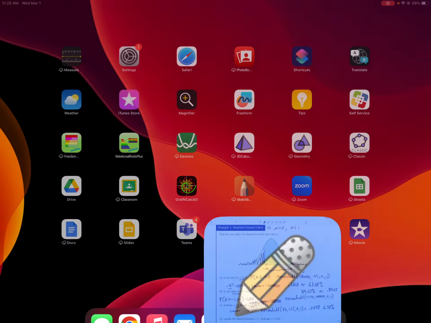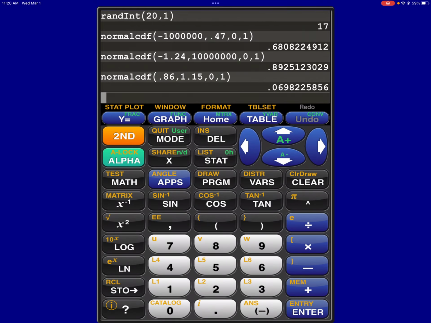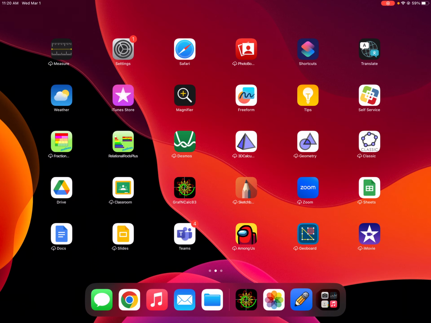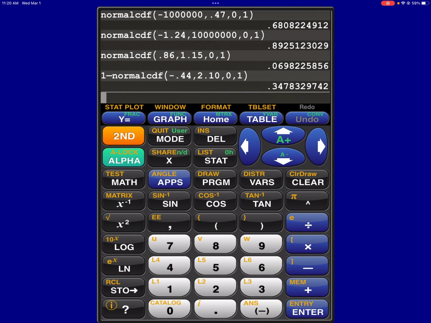So typing this in the calculator: 1 minus normal CDF, negative 0.44, comma, 2.10, comma, 0, comma, 1, gives us, it looks like 0.3478.